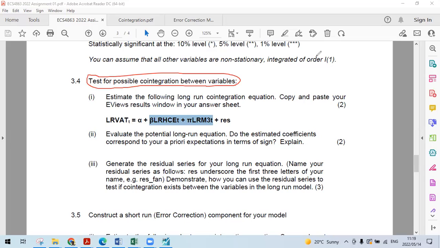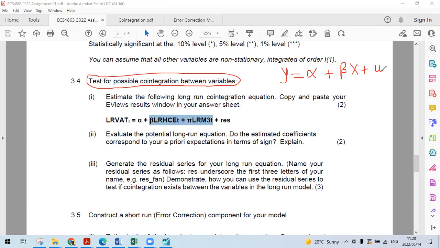We want to test if there's a possible co-integration between X and Y from what I'm having here. These are the residuals, or error term, right?